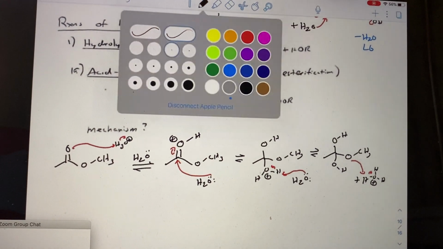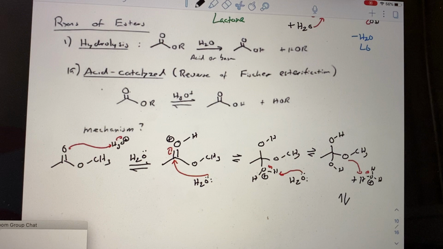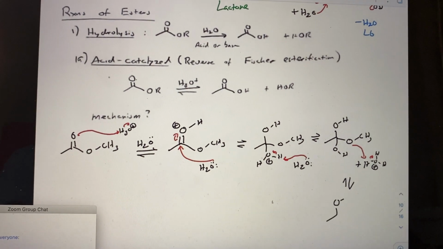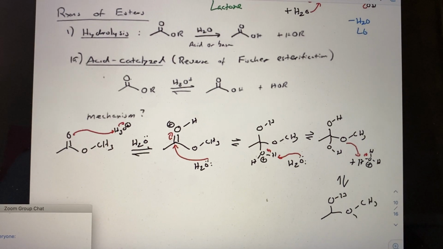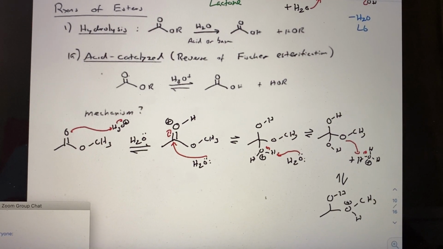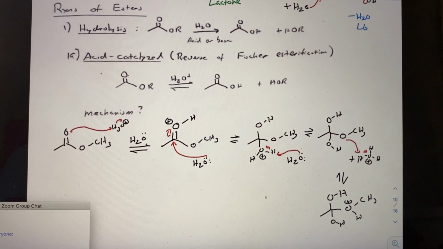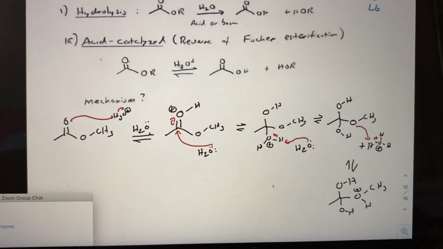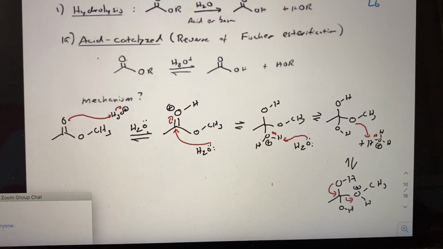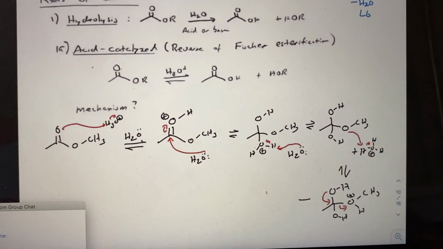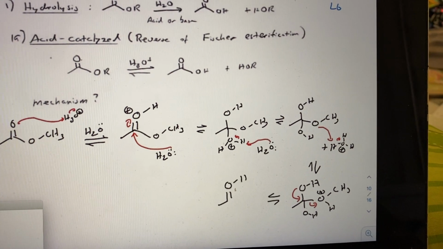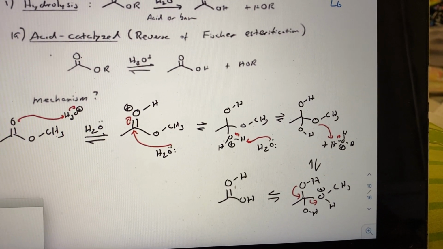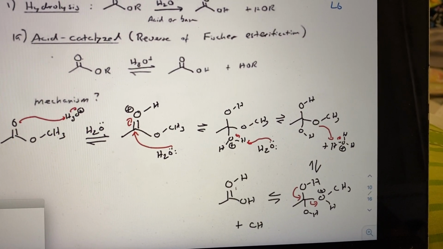So now we have another equilibrium going down below where we've protonated this one on the right. Now we made a good leaving group there. So let's go ahead and kick that group out. So here we lost methanol.